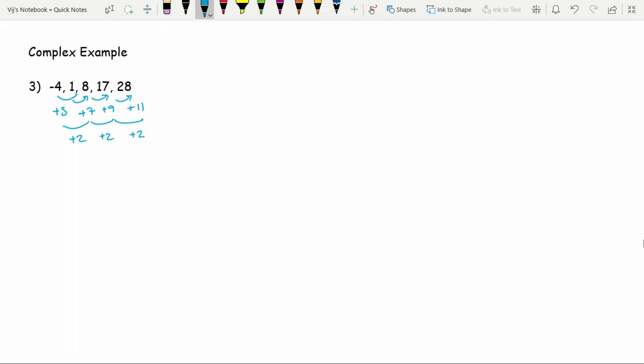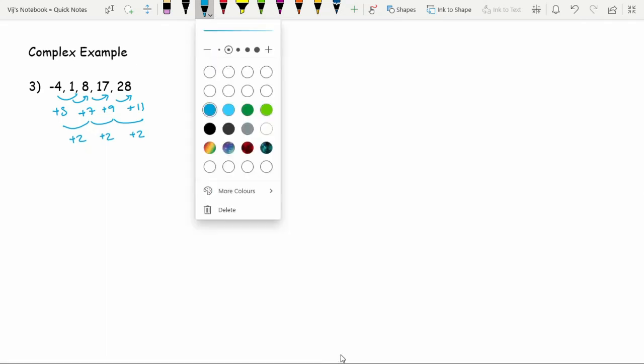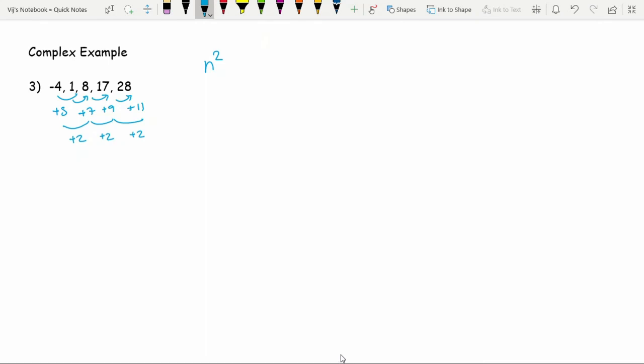So from this, what we then need to do is our double difference is 2, so that means 1n squared, or n squared, is going to be in the formula. What we're now going to do is create our table, so let's get a different colour. So I've got n, I've got 1, 2, 3, 4, 5, and let's just make it look like a table.